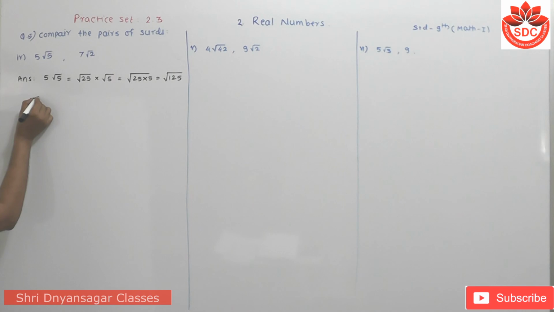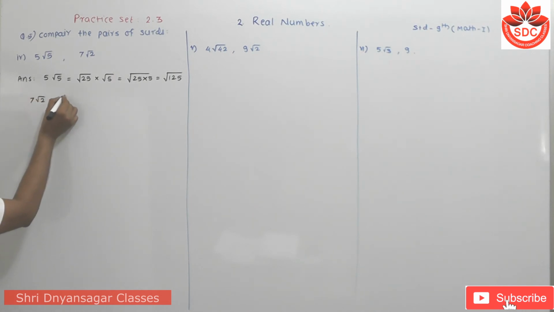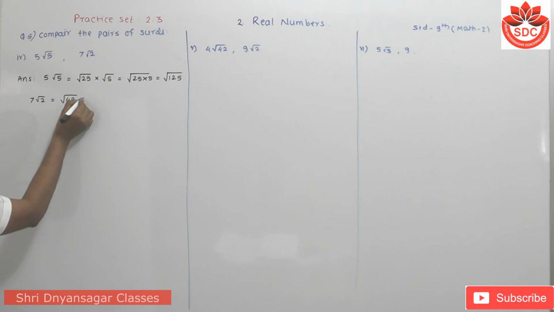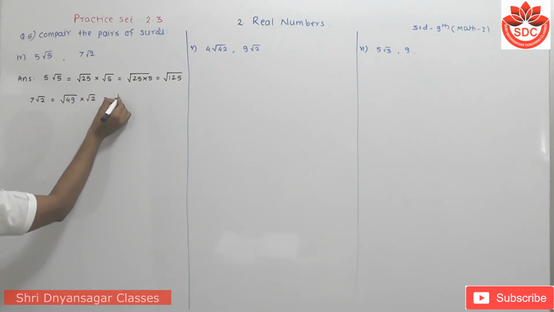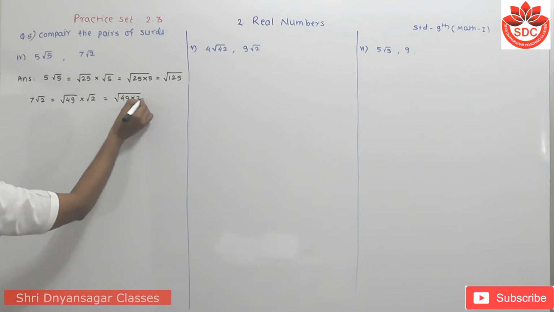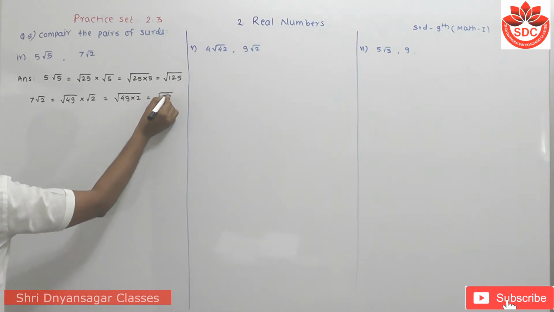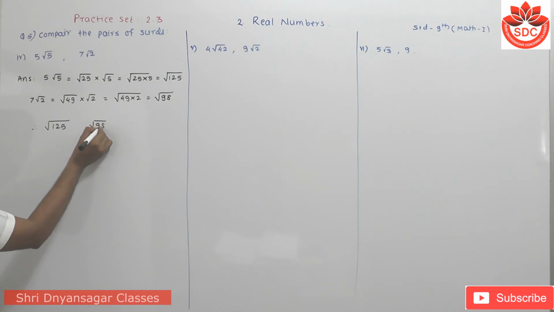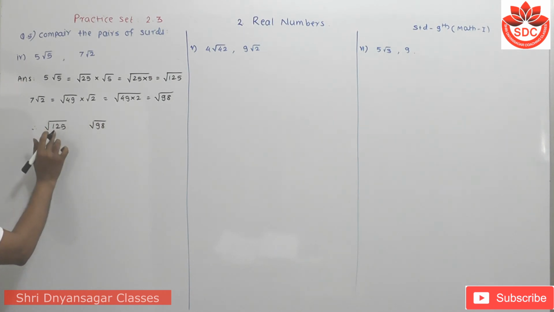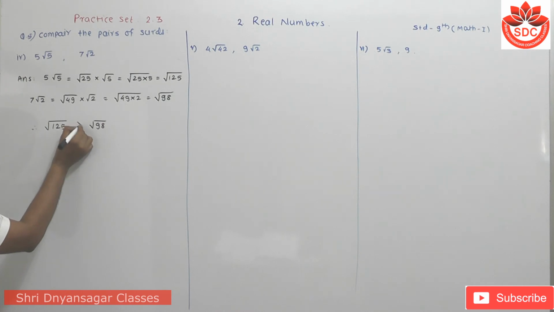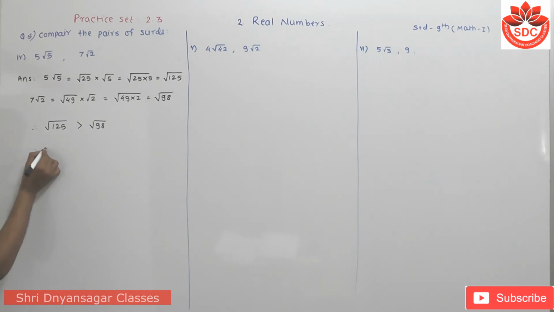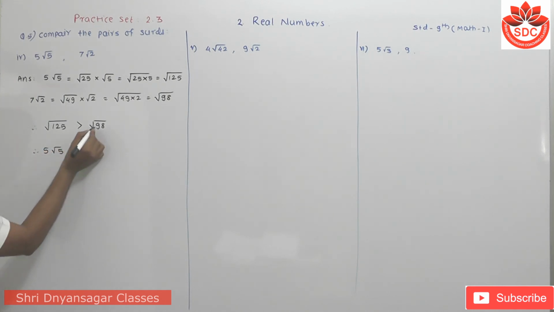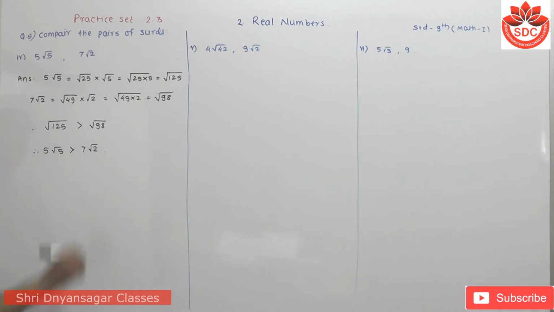Then 7 root of 2 is equal to root of 49 into 2, which is root of 98. Student, when we compare this root of 125 and root of 98, the order is the same, so the radicand of this one is greater than that of root of 98. Correspondingly, 5 root of 5 is greater than 7 root of 2.